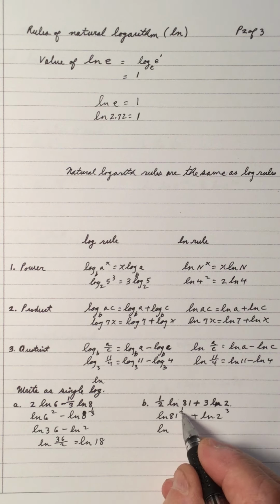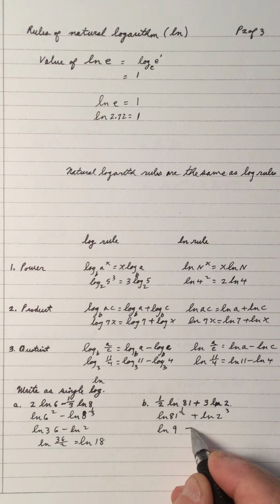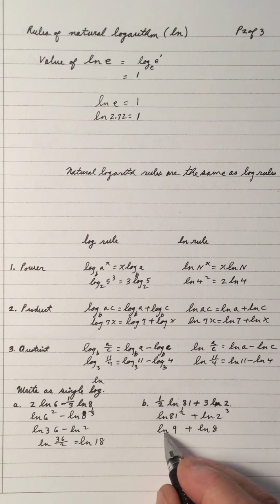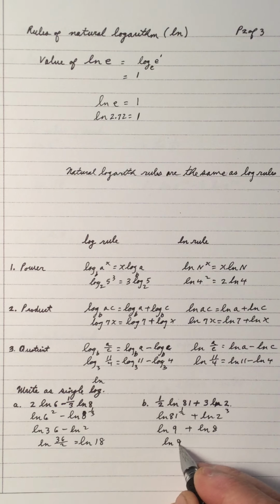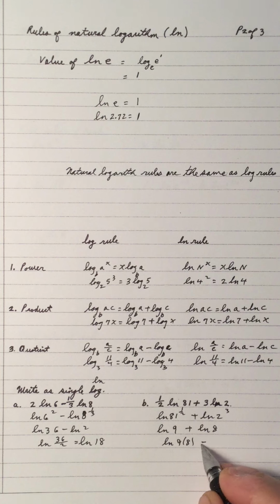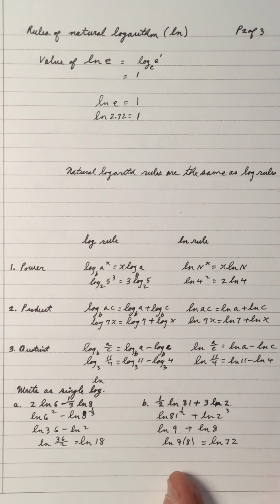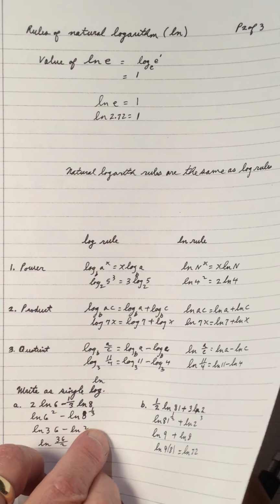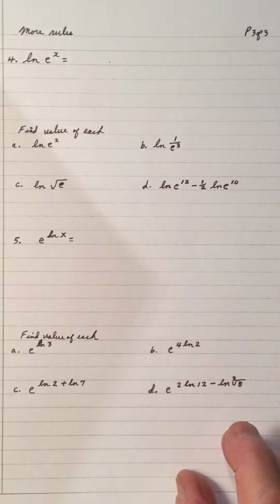So 81 to the half, square root of 81, is 9, plus 2 cubed is 8, and the sum of two lns is a product, so it's 9 times 8, so that's the ln of 72. So just reviewing, the ln rules are the same as the log rules.